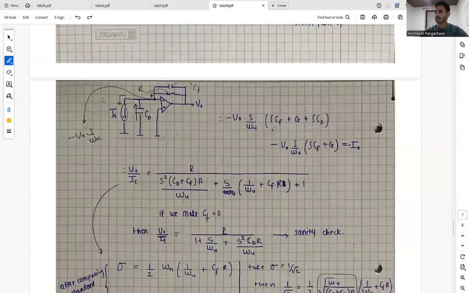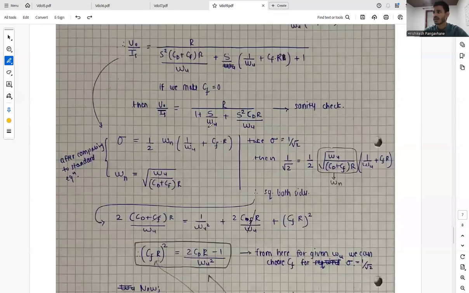After we are done with the sanity check, we can compare this equation with our standard equation and find the values of sigma and omega n, which come out to be these values.